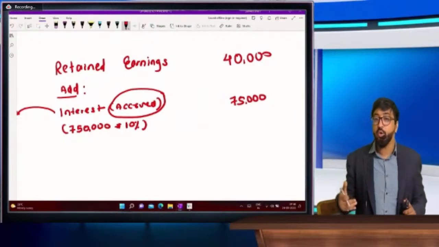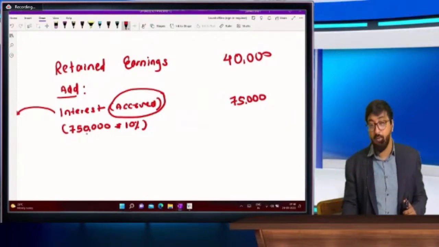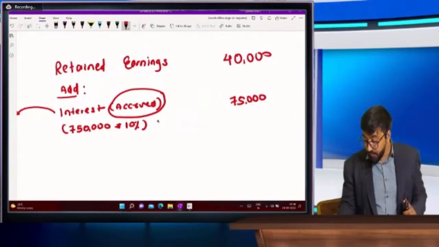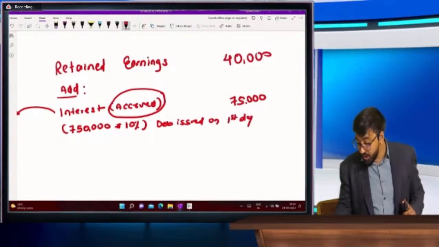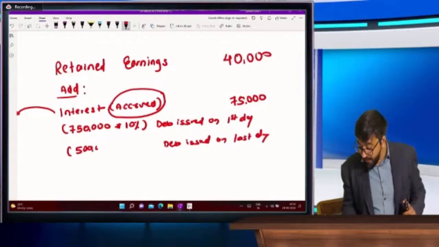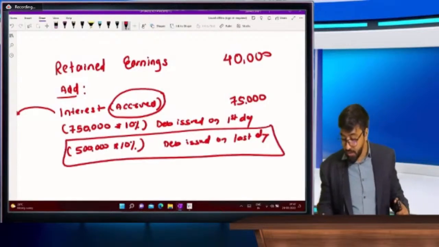If it is issued on the last day, so your interest will be on 5 lakhs. Why is it? Because if debentures are issued on last day, new debentures, so here you will take 5 lakhs into 10%. Because 2,50,000 पे इंटरेस्ट ही नहीं आएगा.